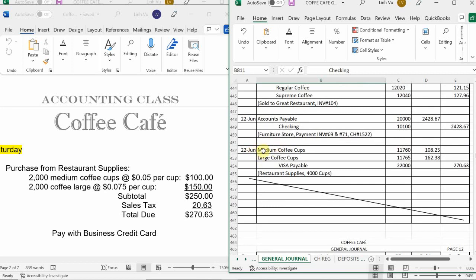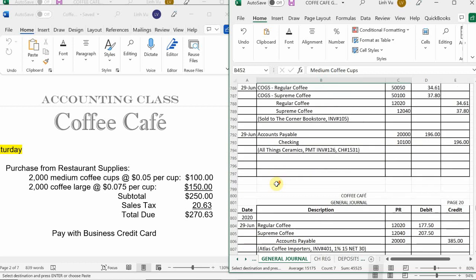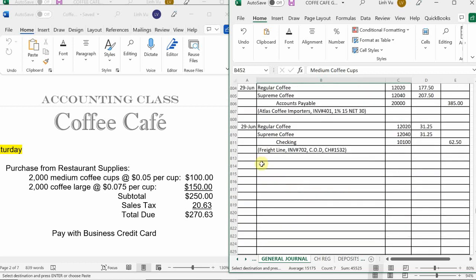There you go. How much is going to go into my medium coffee cups, and how much is going to go into my large coffee cups?